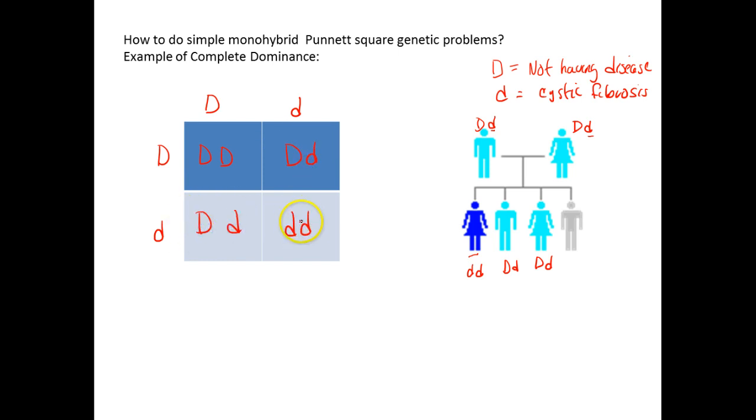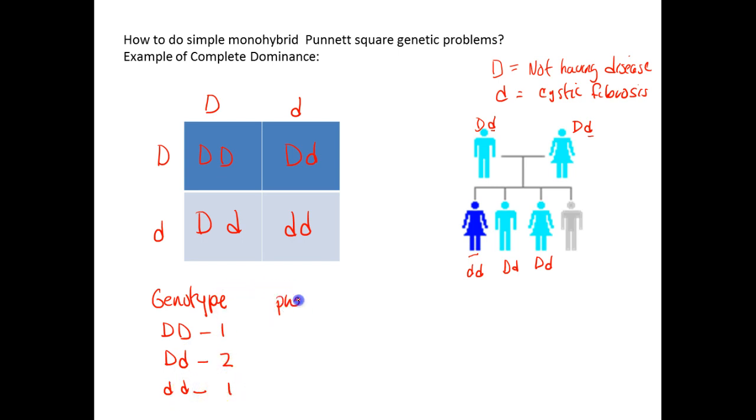So this shows the possible genotypes. If the question asks you for genotypes, that means what are the alleles. The possible genotypes are homozygous dominant, heterozygous, or homozygous recessive. So here in this case you have 1 homozygous dominant, 2 heterozygous, and 1 for the recessive trait.